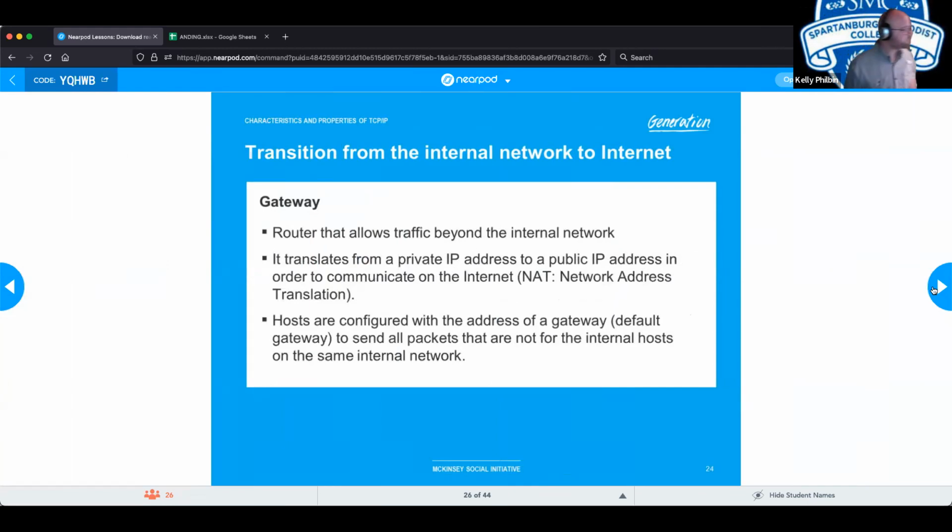It translates from your private address to a public address so that it can be routed over the open internet. And we talked about this a little bit earlier. The mechanism that allows that to happen internally in the router is called the NAT, or Network Address Translation. It translates your internal IP to an external IP so that the external internet can route that traffic back and forth to you.